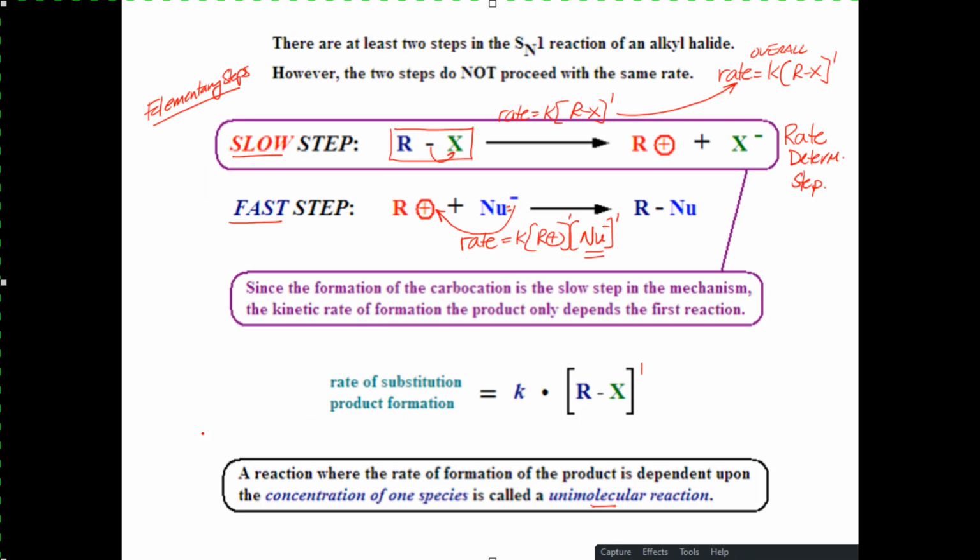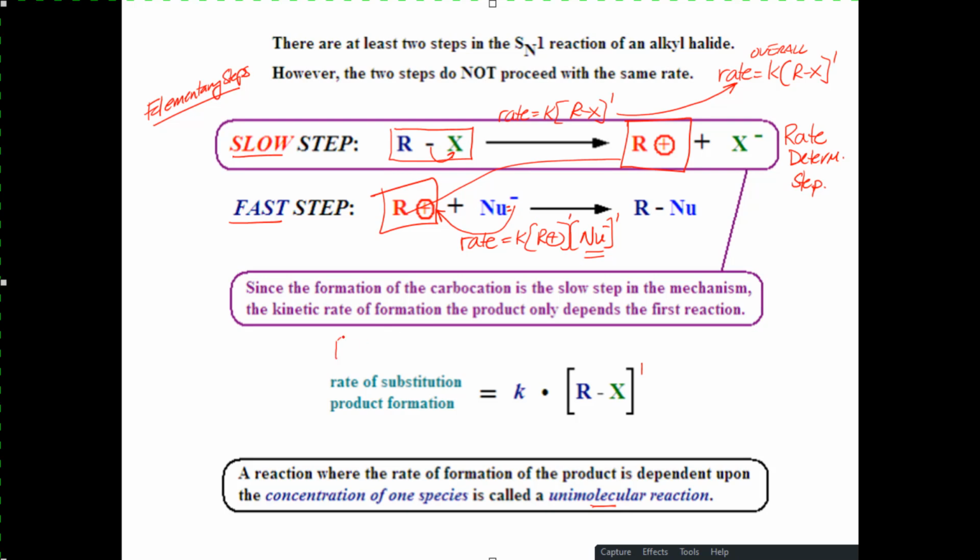Now, going back to the overall reaction here, an intermediate is something that is produced in one step of the mechanism and then reacts in the second step of the mechanism. So when I add these two reactions up, what do I get?